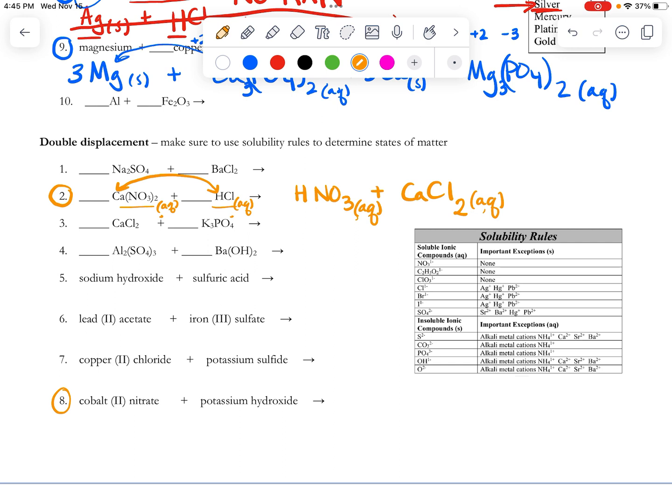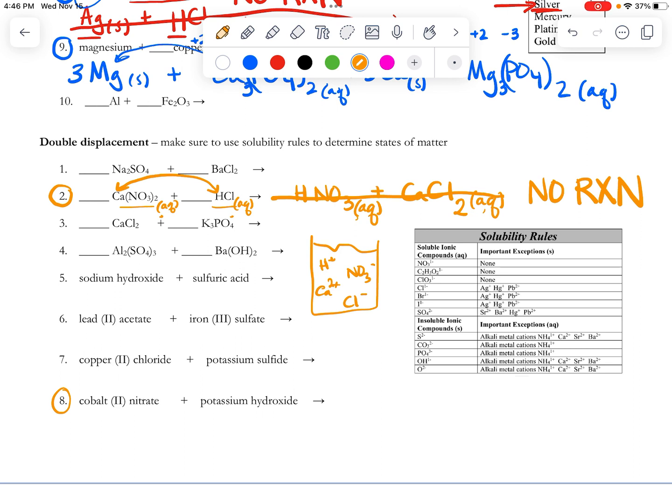What it actually looks like is a big old bowl of H+ ions, NO3- ions, Ca 2+ ions, and Cl- ions. It's just a whole bunch of ions, and none of them have created any new bonds unless you make a solid. So this reaction I would cross off and I would write no reaction.